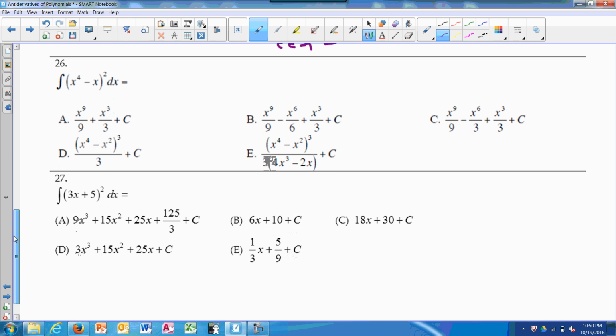Now 26 looks a little scary, but remember we can just FOIL this out. If we FOIL this out, we are multiplying x to the 4th minus x times itself. So we get x to the 8th minus 2 x to the 5th plus x squared dx.